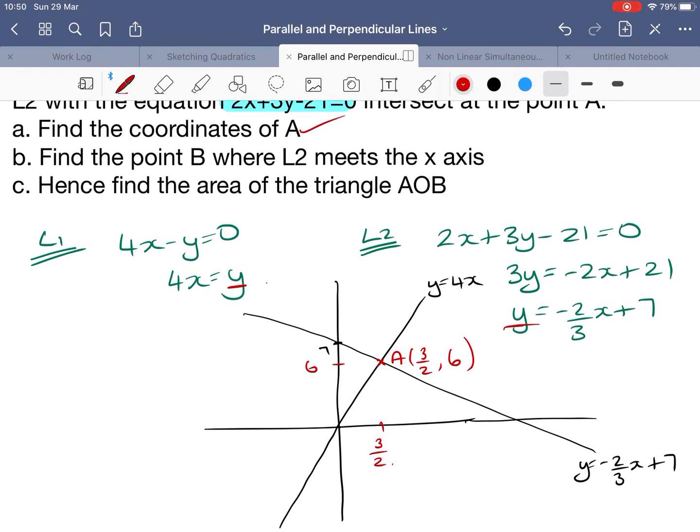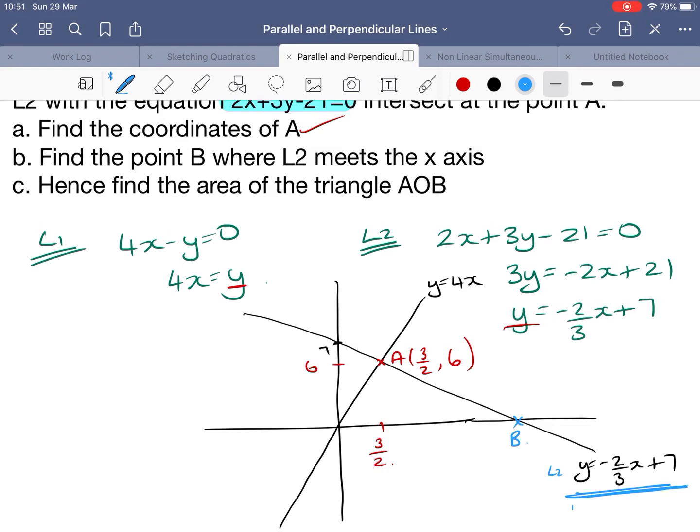It says the line L2 meets the x-axis at B. So in other words, this is my L2 here. So it meets the x-axis at B. Find the coordinates of B. Well, here, this is the equation of the line.